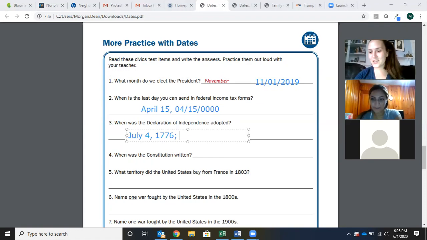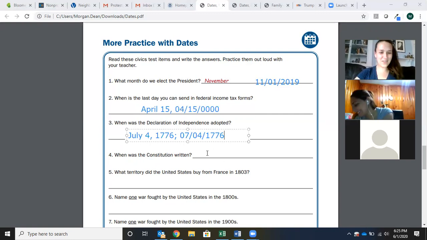No more taxation without representation, right? So that's when America told the British that we're not doing this anymore. You guys aren't our boss. Very important date. So what is the short form for July 4th, 1776? 0704. Good. And then 1776. Thank you.